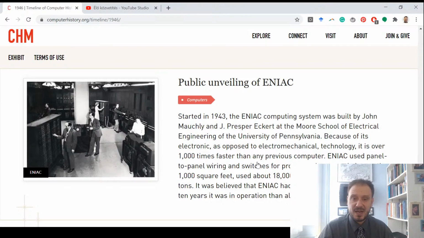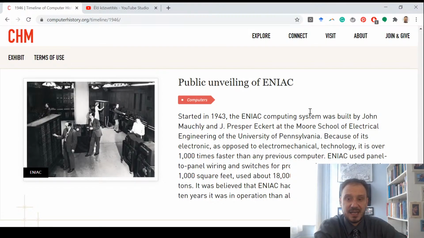It used panel-to-panel wiring and switches for programming, so it still wasn't working on the general idea of computers like John von Neumann imagined, but still it occupied more than 1,000 square feet and used more than 18,000 vacuum tubes, and its weight was 30 tons.